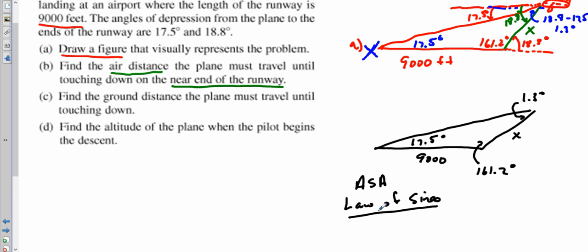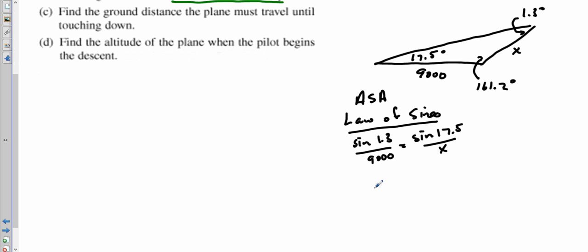Because now we know that the sine of 1.3 is to 9,000 as the sine of 17.5 is to x. Now we want to solve for x. When we cross multiply, we have 9,000 times the sine of 17.5 divided by the sine of 1.3, and that's going to equal our x value.